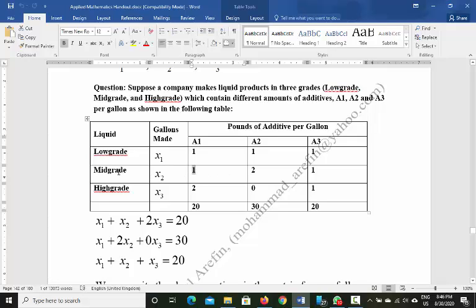If we produce 2 gallons of mid grade liquid, we will use 2 pounds of A1. But we are producing x2 gallons of mid grade liquid, so we will use x2 pounds of A1. So that means we are using x2 pounds of A1. Right.